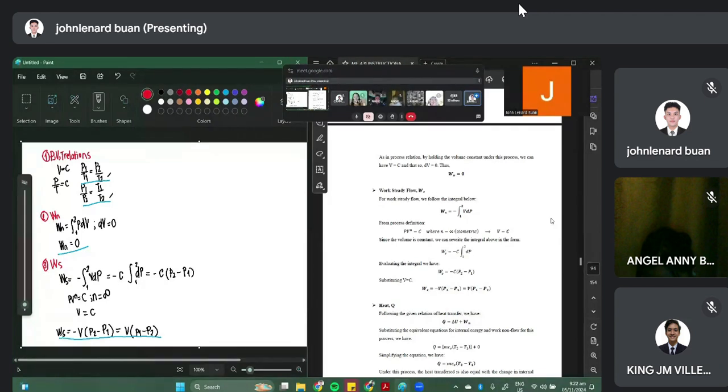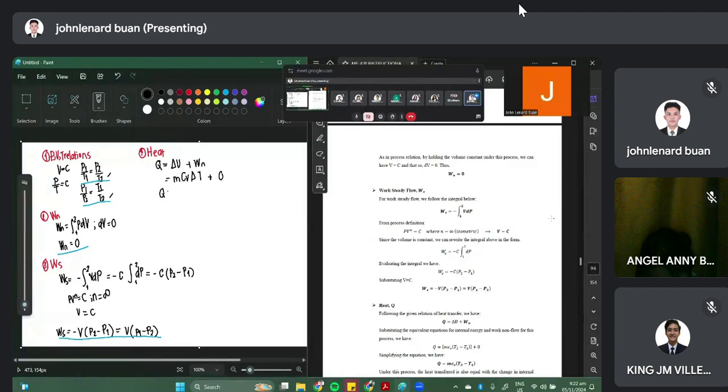Okay, and then we also have here heat. For heat, from the general equation, Q is equal to delta U plus Wn. Okay? From the equation, we know delta U is m Cv delta T. So you will not forget that. And then, we also know that the value of work non-flow under an isochoric process is 0.